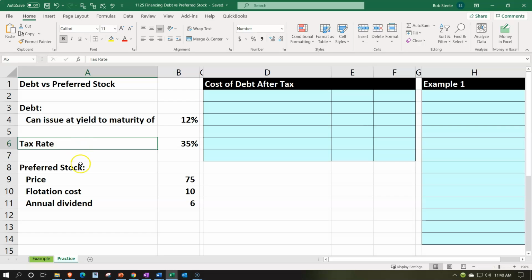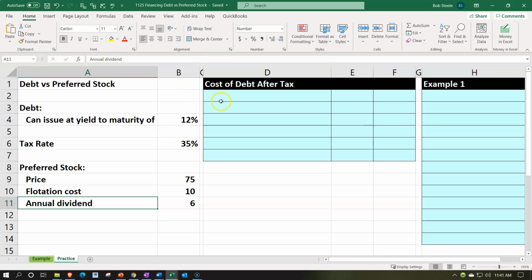We have the preferred stock down below with the price at 75, the floating costs, the cost to issue the preferred stock, in other words the 10, and the annual dividend, we're going to say, is the $6. On the preferred stock side, we've got the dividends that we'll have to take into consideration, but we don't have that tax impact, so those are going to be some of the differences here.